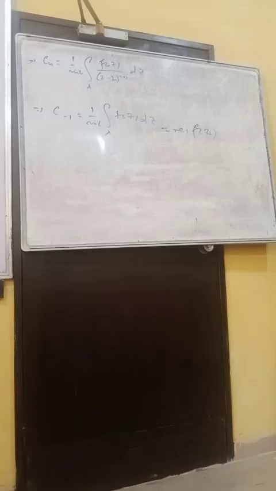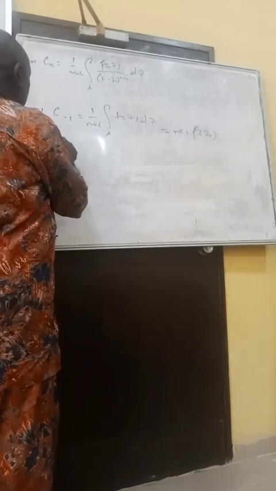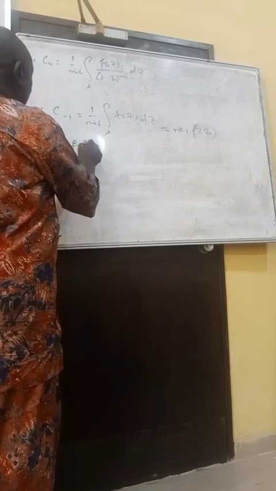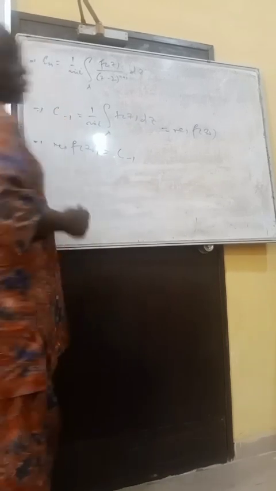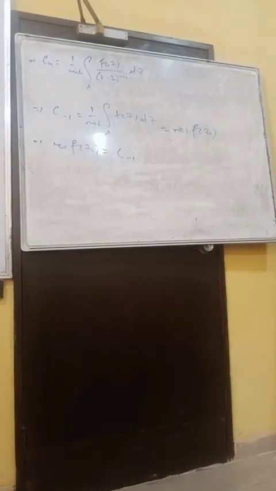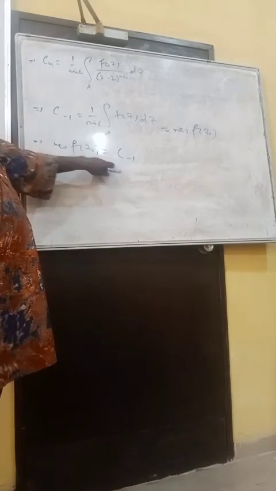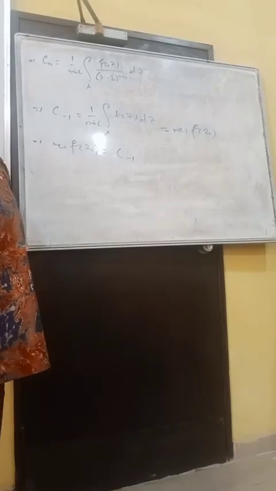So that is the relationship: the residue of f at z naught is the same thing as the first coefficient of the principal part of the Laurent series. You look for that coefficient, and that will give you the residue.